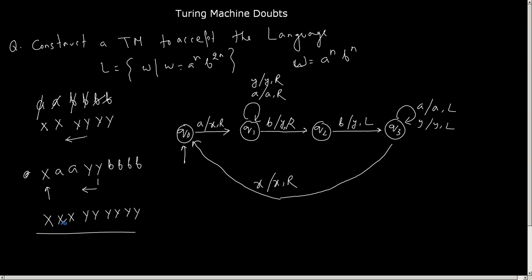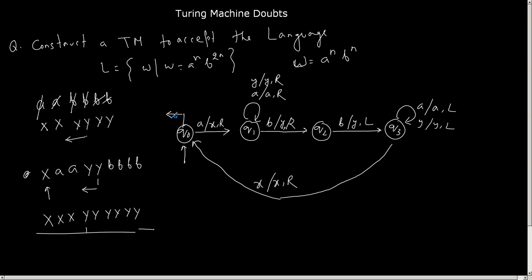If all the A's are consumed and replaced by X, I need to check whether on the right hand side I have any B left or not. So I need to move forward.